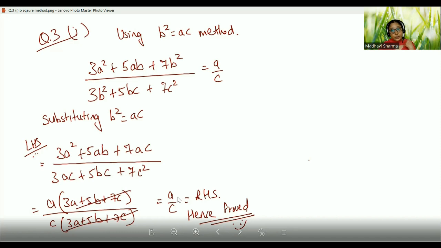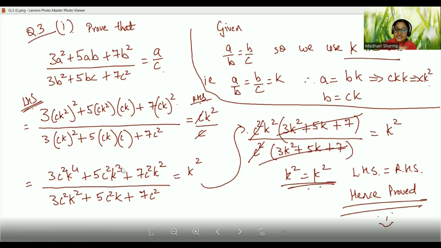Now, let me show you the K method. It is a little longer method, but there are many students who do not understand this B square is equal to AC, so you can use the K method. A upon B is equal to B upon C. If it is K, that means A is equal to BK and B is equal to CK.